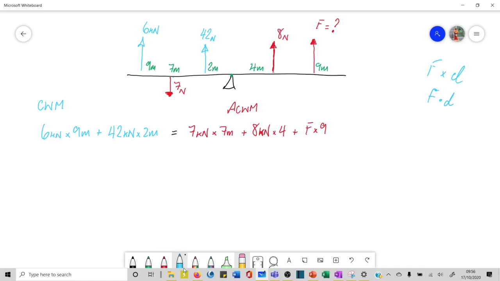So let's do the maths on that. We've got 6 times 9 equals 54, plus 42 times 2, which is 84. And that must equal 7 times 7, which is 49, plus 8 times 4, which is 32, plus F times 9. So 54 plus 84 is 138.